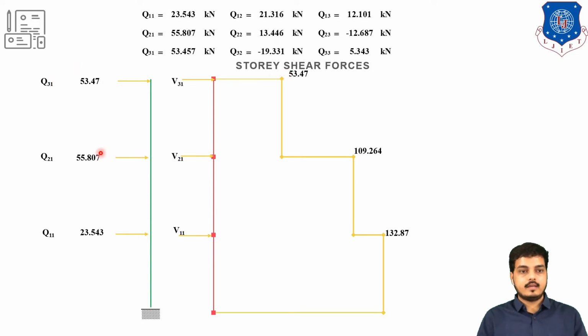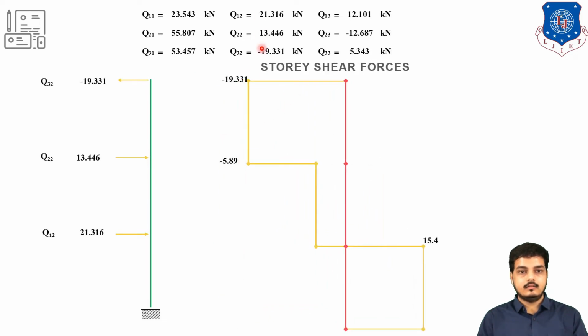So 53.47 plus 55.80, I will be getting 109.26. 53.47 plus 55.80 plus 23.54, I will be getting 132.87. So this is for mode shape 1.